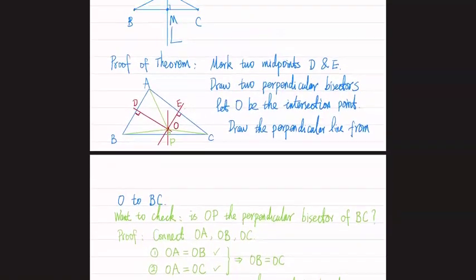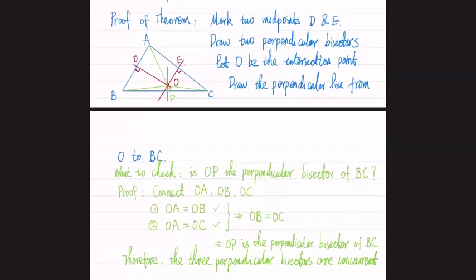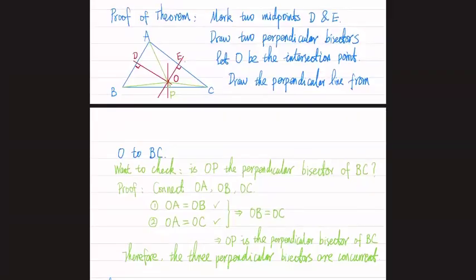A very special fact we verified is that the distances from O to all three vertices are the same: OA, OB, and OC.